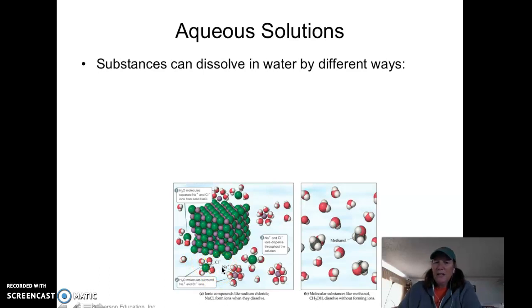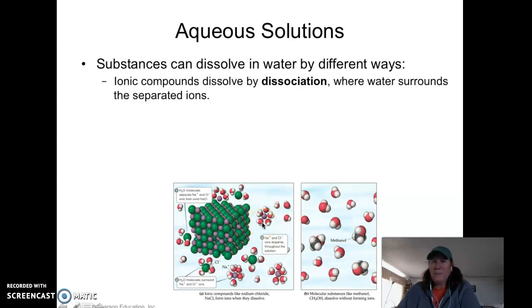See how all these oxygens are facing the sodium? Sodium's positive. It's a cation, a +1. Now you can see they surround it and they separate it out.